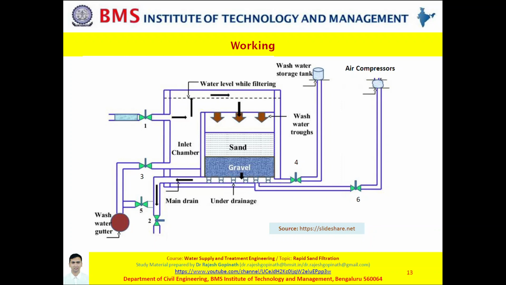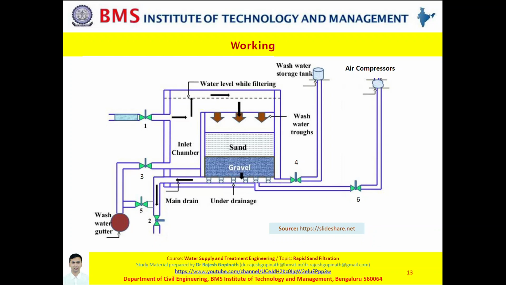Close valve 1 and 2. Open valve 6. After air has loosened the filter bed, close valve 6. Open valve 4. Wash water enters base, filter, and finally with the dirt, the water enters into wash water trough.